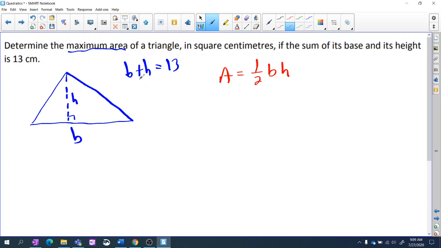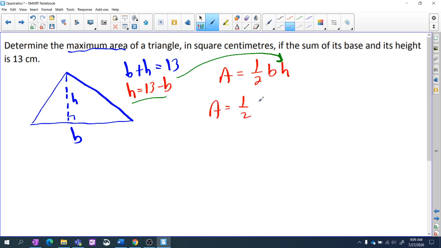Now sometimes they call that a constraint. It's some other kind of limiting factor in the question. I'm going to rearrange this for h equals. H is 13 minus b. So I'm going to go over here and replace the letter h. We're going to put 13 minus b in its place.